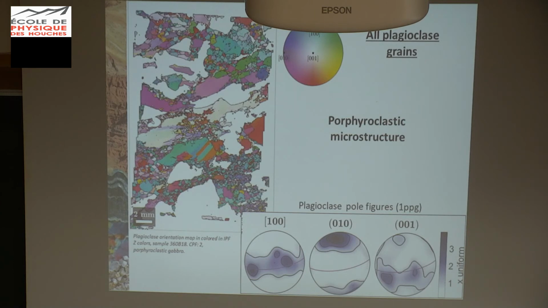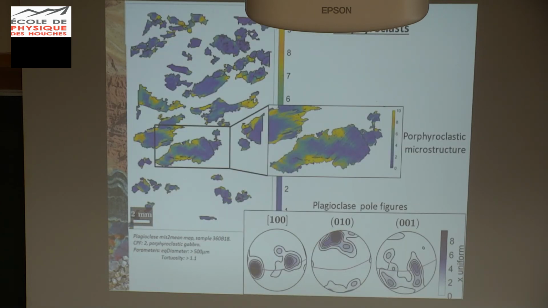So now if we look only at porphyroclasts in the same sample, we see the misorientation map, which shows deformation in the porphyroclasts, and here you see the small lines are twins, and you see that deformation is not affected, at least by these twins. And so the CPO pattern we see here corresponds to the magmatic state, before deformation, sorry.